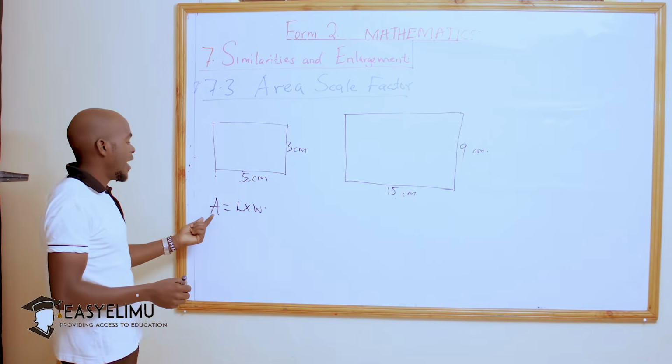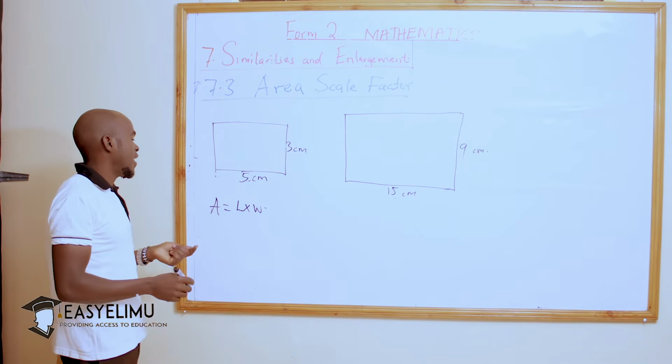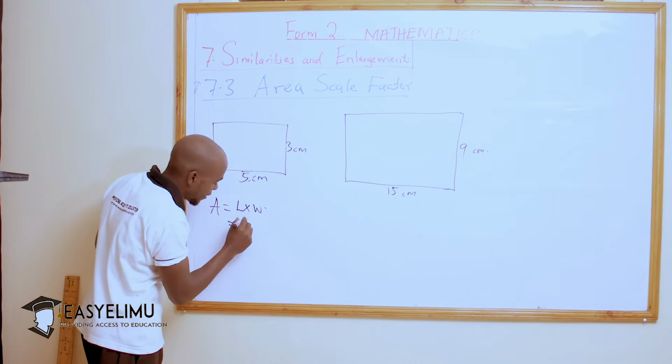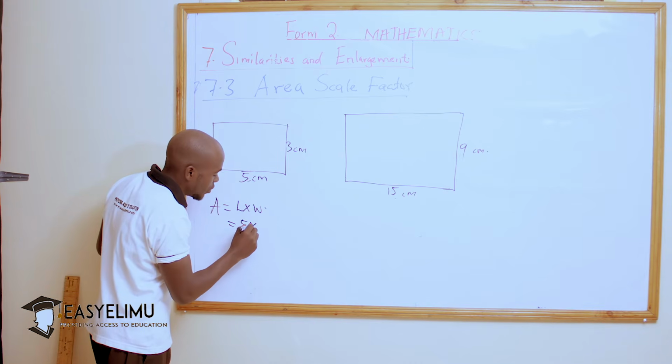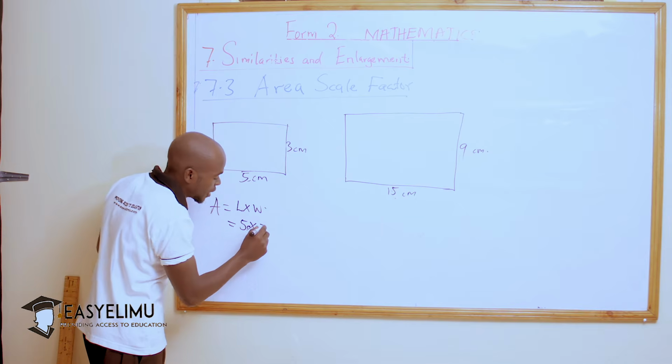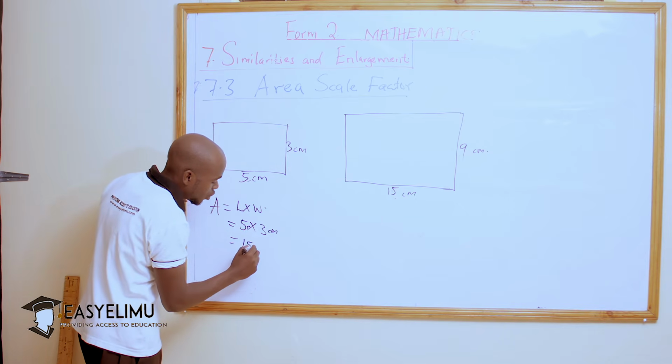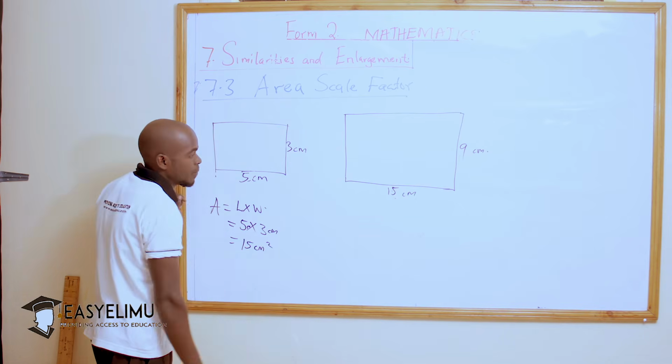Such that the area of a given rectangle is length times width. Our length here is 5 centimeter. We shall multiply it by width, which is 3 centimeter, and we shall find 15 square centimeter.